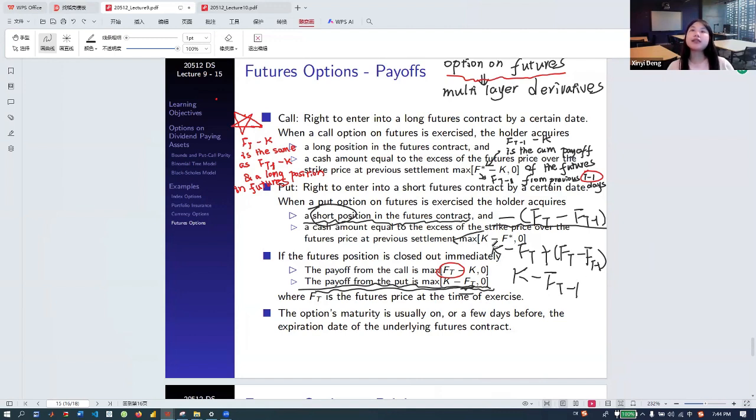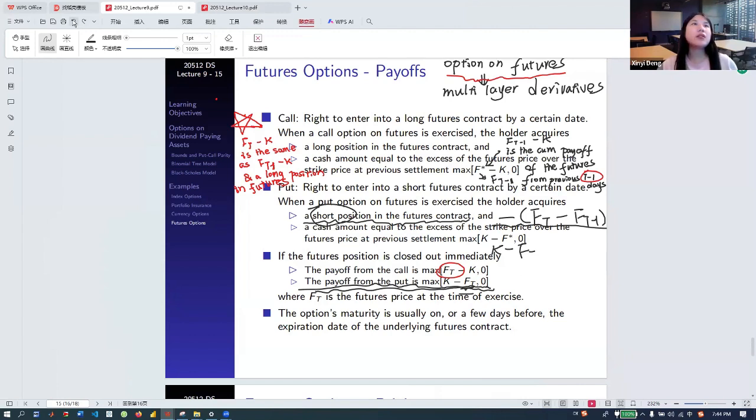So that's how we get this expression here. This F star here is representing the settlement price at the previous day of the futures. So it's just FT-1, right? Here we're using F star to represent FT-1.